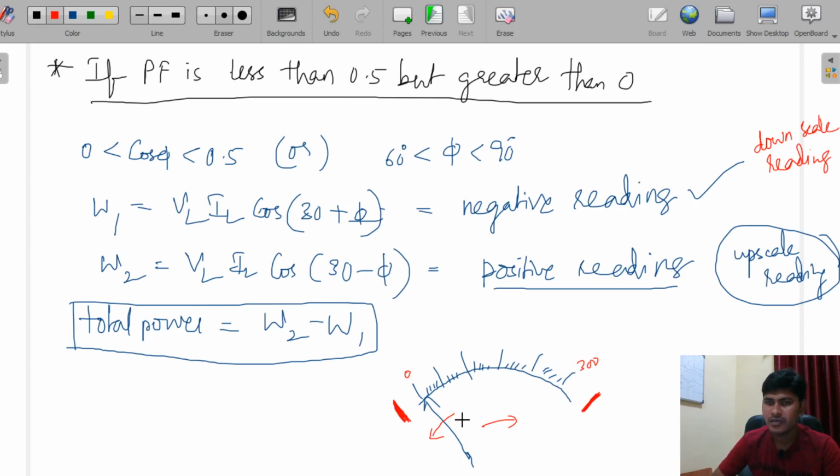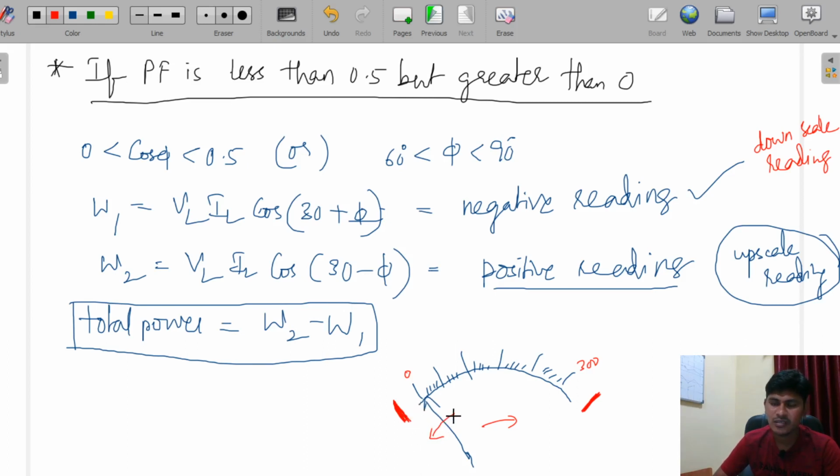If it is giving a negative reading, that means a downscale reading, and the pointer will be moving in the backward direction. If it is moving in the backward direction, you don't have a scale for measuring negative values.